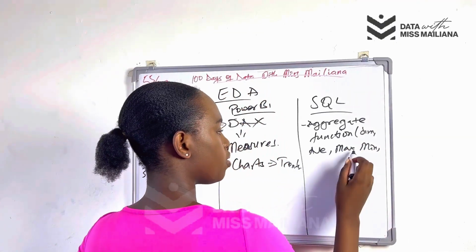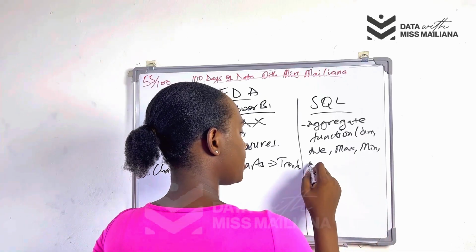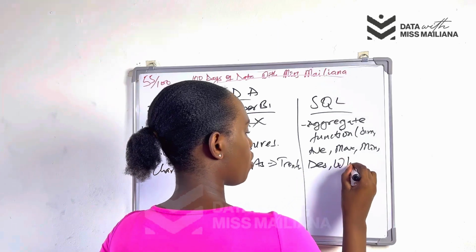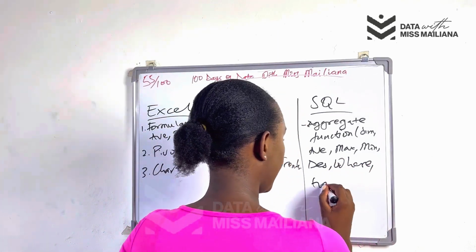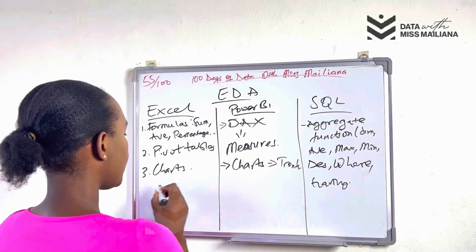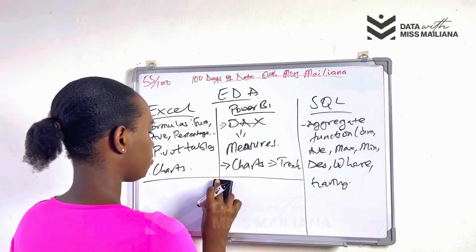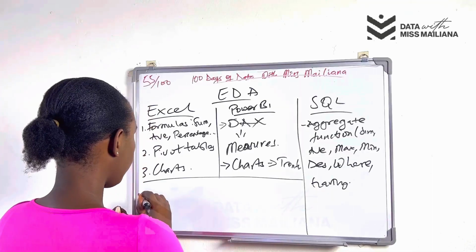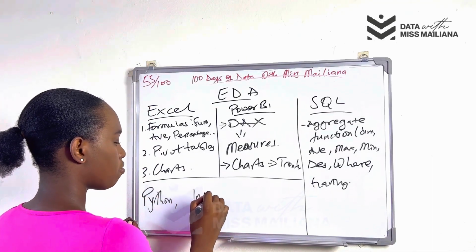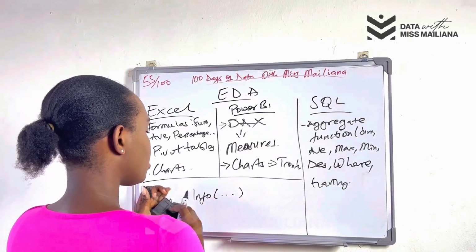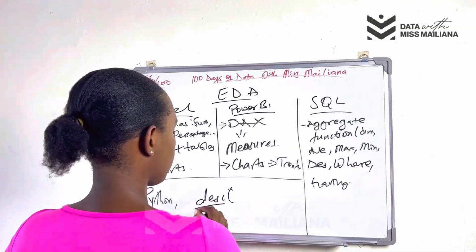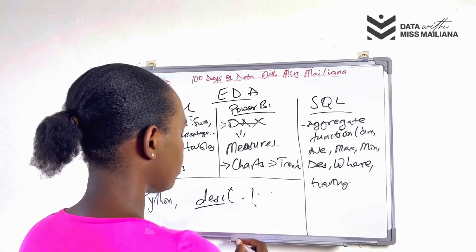You're also going to be using descending order, where, having queries as well. When you take Python, remember you do something like info, right? Or describe. The code with describe will give you the statistics around it as well.